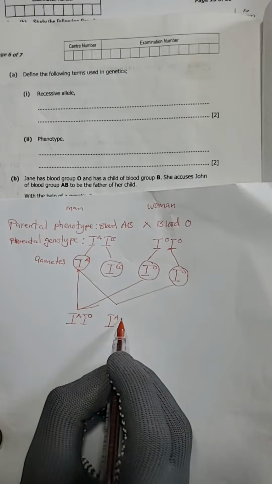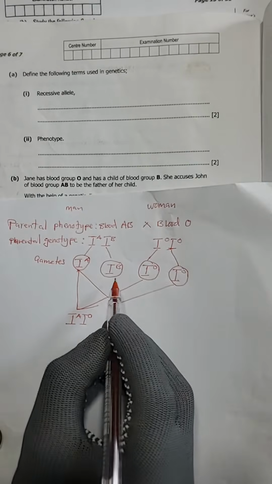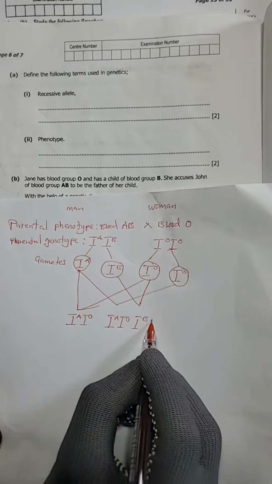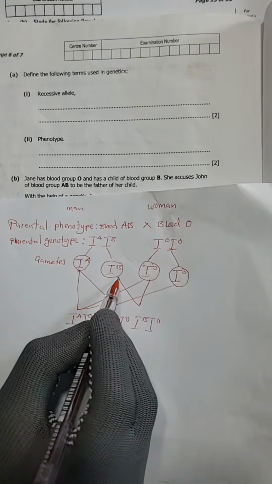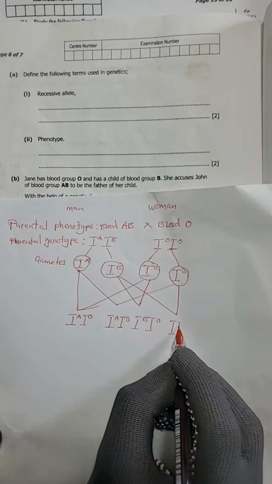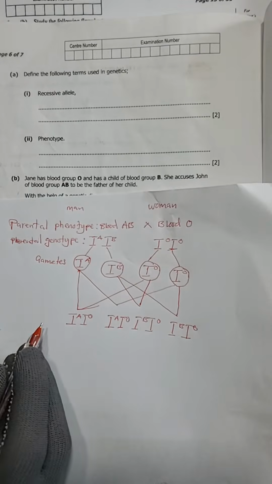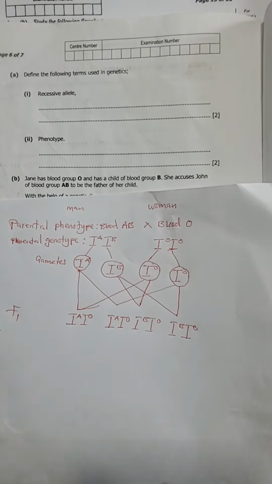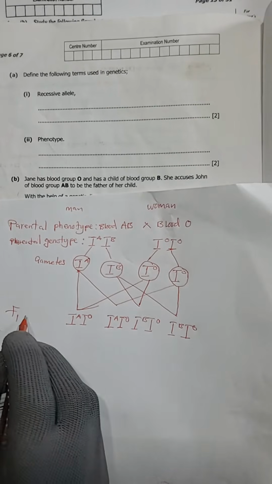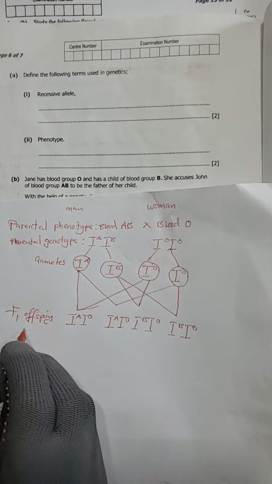Coming to this, B is also dominant over O, so we start with B, then O. The last one here is B O. So this is the F1 generation, or offspring genotype.